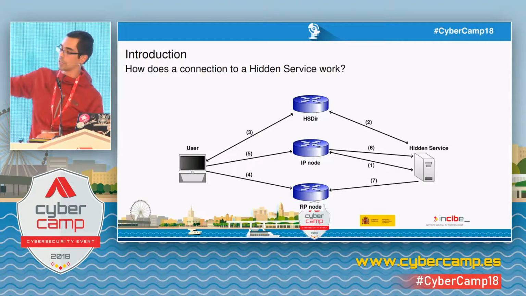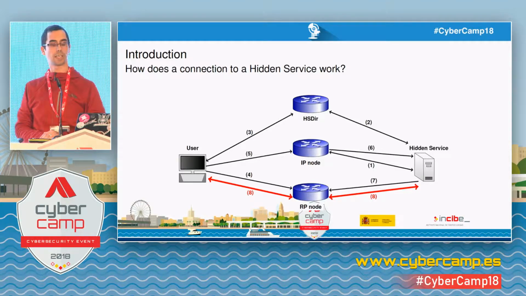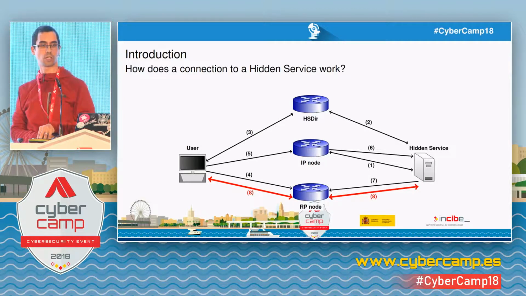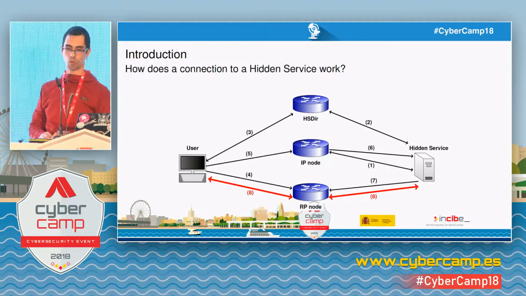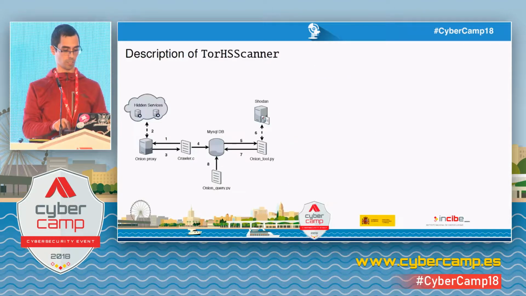The hidden service establishes a circuit with the RP node, and from there communication takes place between the hidden service and the user. Each of these arrows stands for a Tor circuit. This is not direct communication. This is a virtual service that takes place through the Tor network.